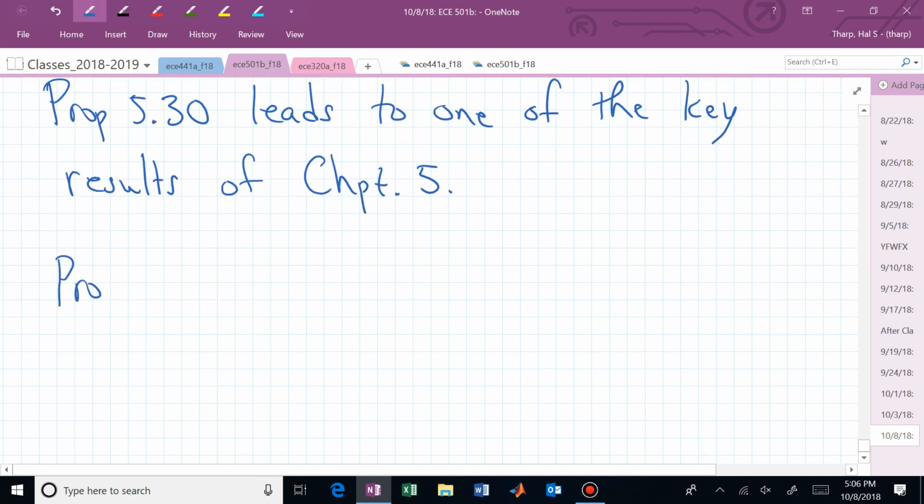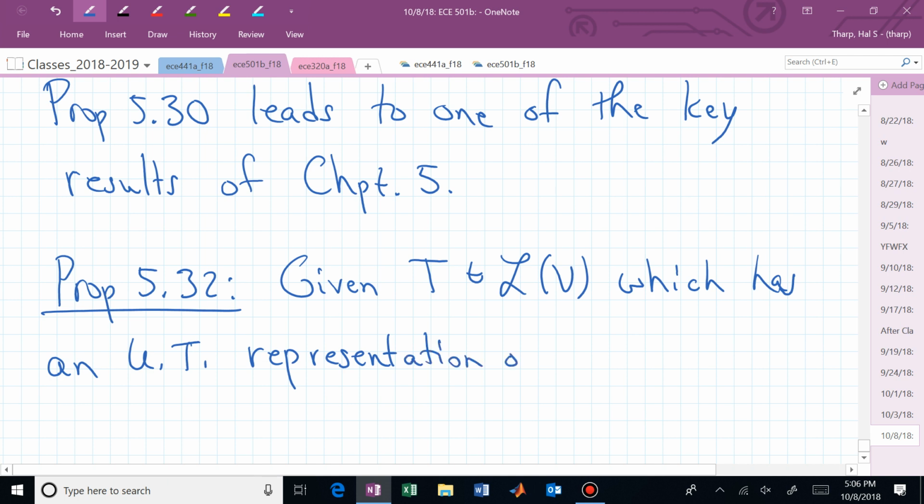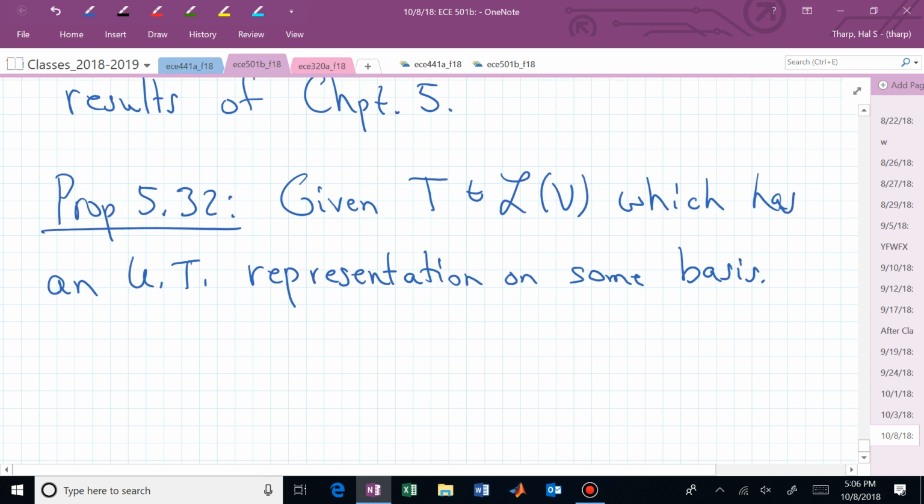And that's Proposition 32, which says, given a linear operator T which has an upper triangular representation on some basis, that's what we're assuming.